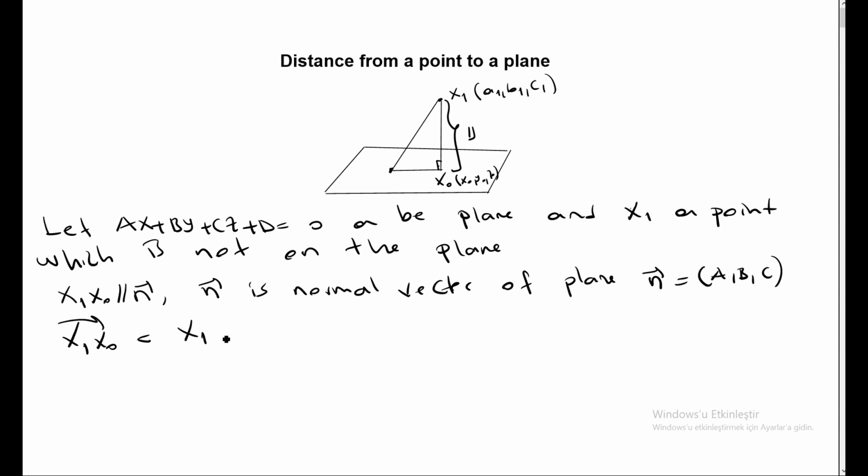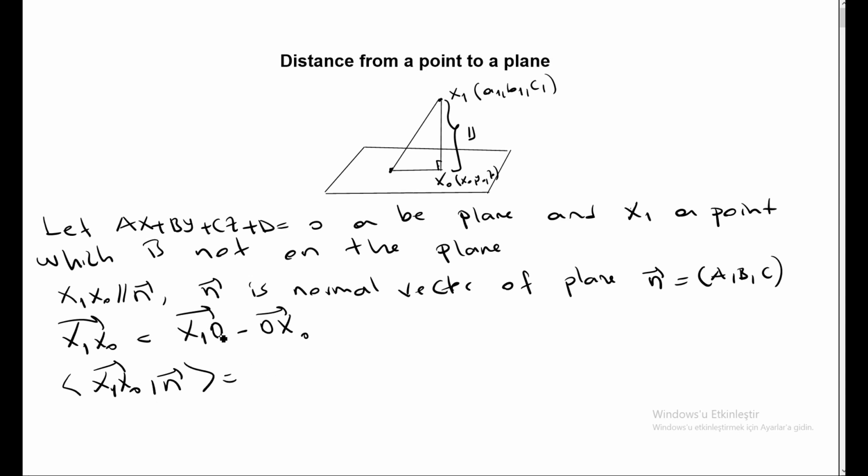x1 minus the origin, x sub 0. Because this x1 x sub 0 is parallel to the n, if you multiply this one by, let's say, n, it will be this form.